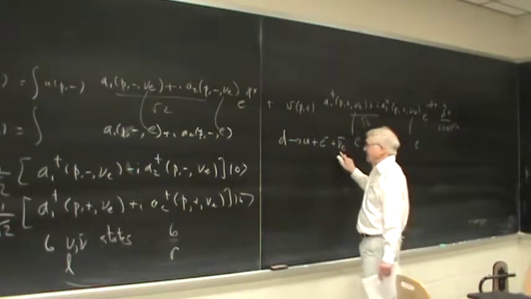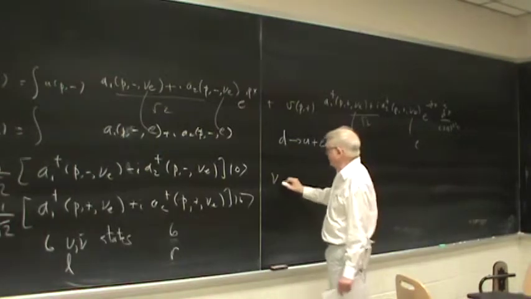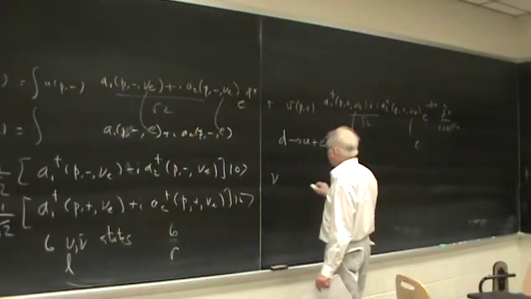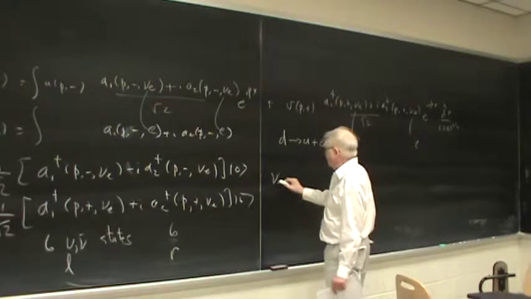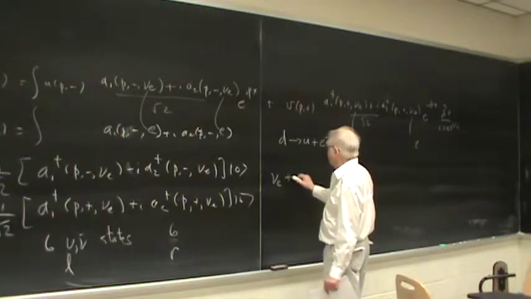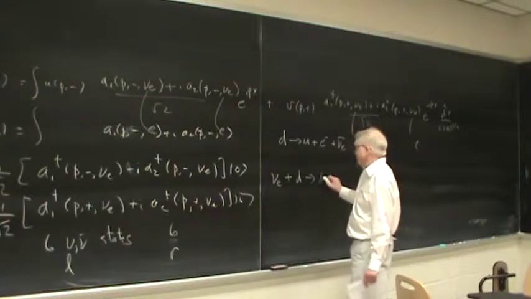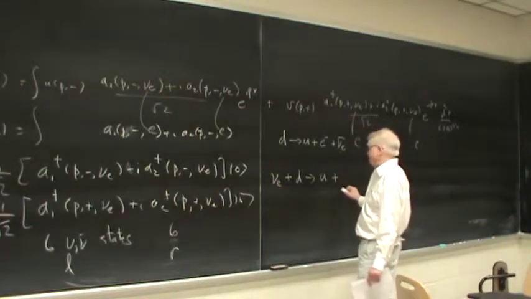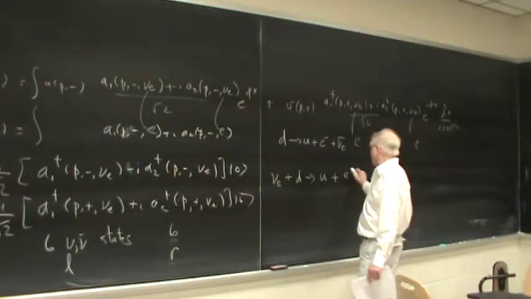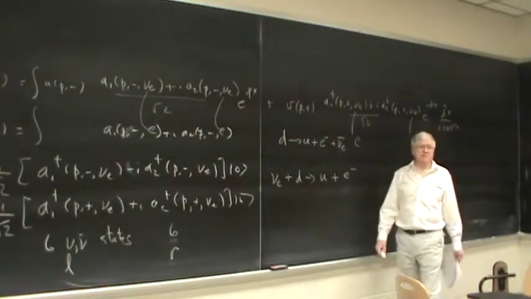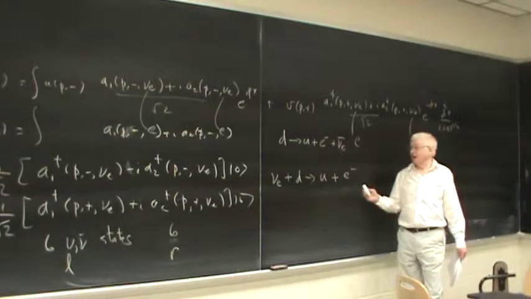And then this guy could do the following. You could have nu E plus another d quark go into another u quark plus another electron.